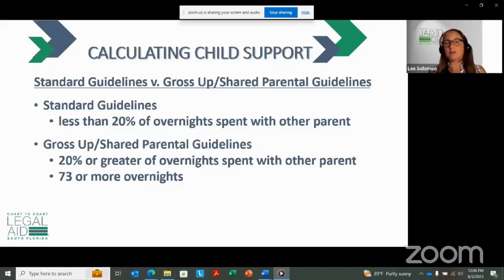So 20% of the annual overnights comes out to 73 or more overnights. So if it's less than 73, then you're going to use the standard guideline calculation, and the statute lays out how that's calculated. And if it's 20% or more, 73 or more, then you're going to use gross up or shared parental guidelines.